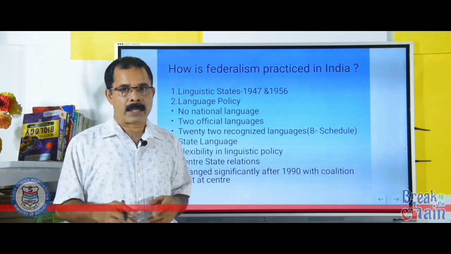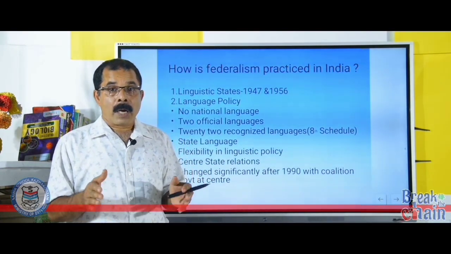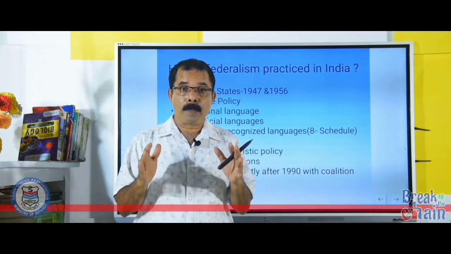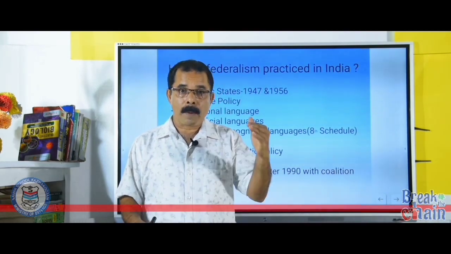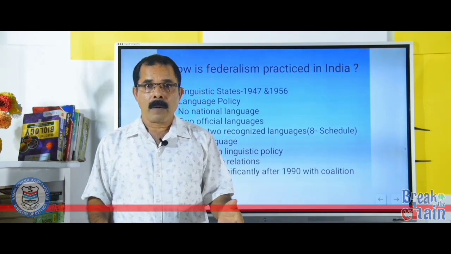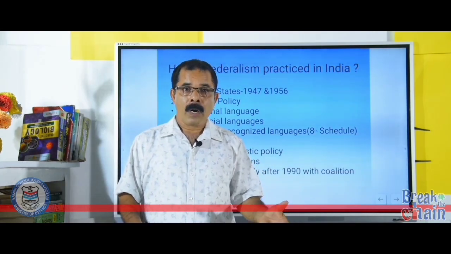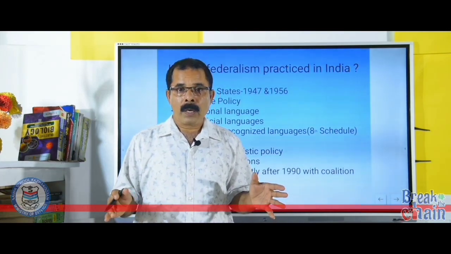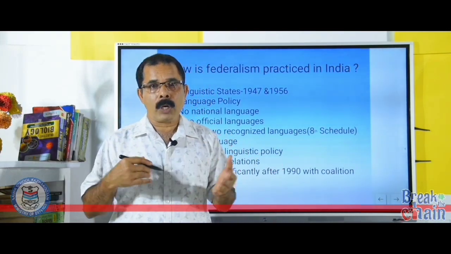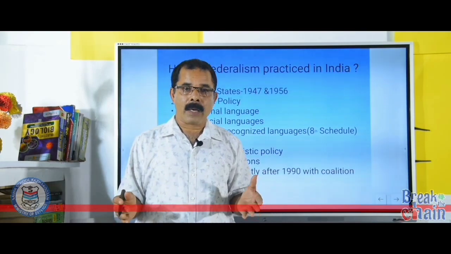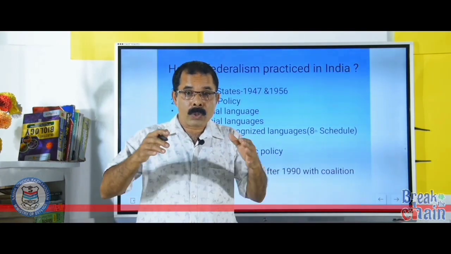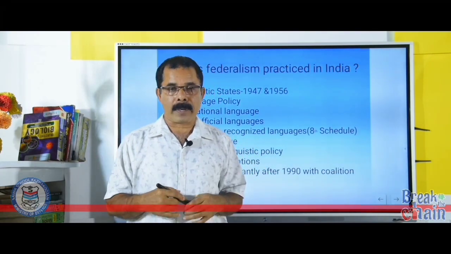Many people criticized, saying that keeping a state for Kerala only for the people who speak Malayalam, Tamil Nadu for Tamilians, Bengal for Bengalis, Orissa for Oriya, there could be too much love for their state, and this extreme love for their state might reduce their loyalty to the central government.